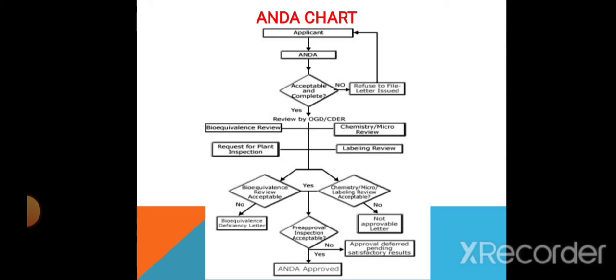This is the ANDA chart. First, the applicant applies or files the ANDA. After ANDA filing, it goes through the review board.